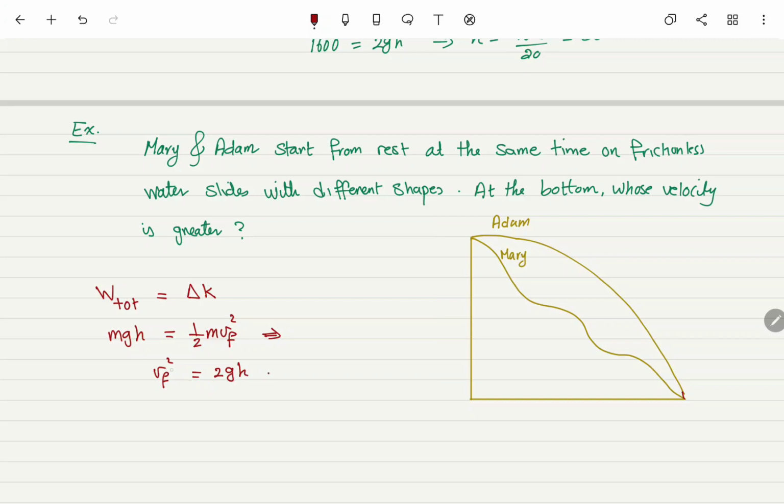This very important result indicates that we are really interested in the initial and the final positions of the track. We are not interested in the track itself.